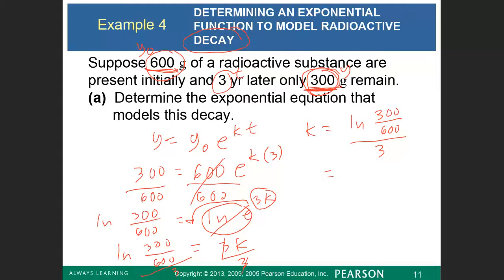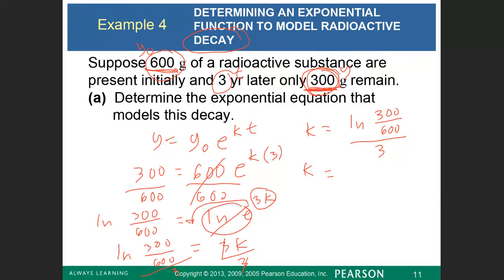Okay, and then we will calculate that in decimal form. So ln 300 divided by 600 divided by 3. It gives us a negative value. So k here is negative since it's decaying.